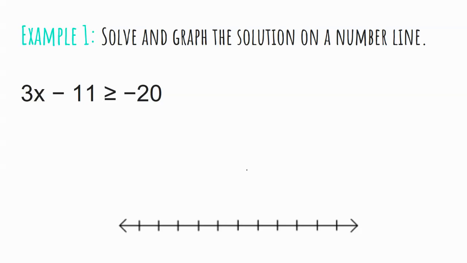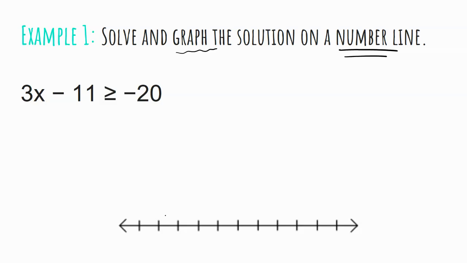Example number 1. So we are going to solve the inequality, and then we are going to graph the solution on a number line. So remember, a number line is just a line that continues on in both directions.